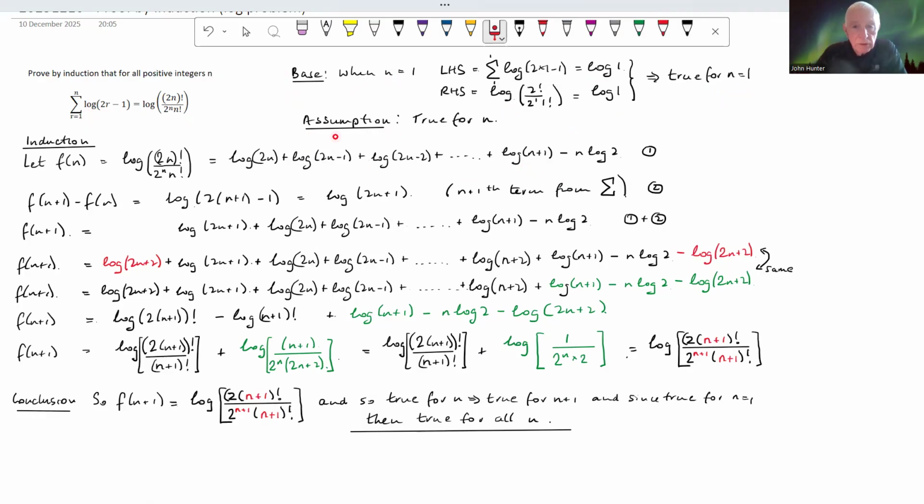Right, so at the substantive stage, we are just assuming this is true for n. Now we're going to try and prove it's true for n plus 1 on the basis of that assumption.